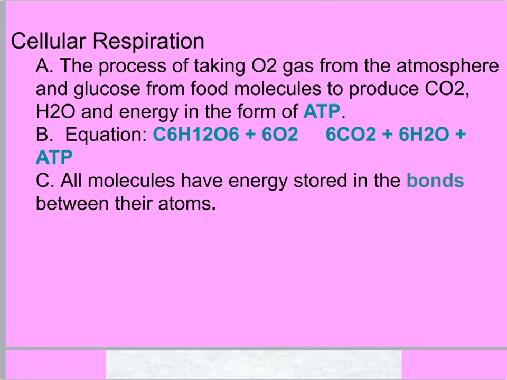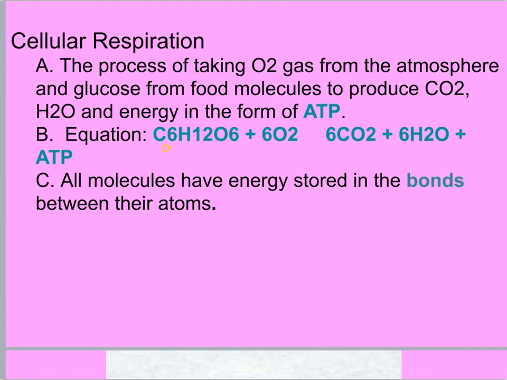So this is the process of taking oxygen from the atmosphere and glucose from food to make carbon dioxide, water, and energy. Energy is in the form of ATP. Now, you need to know this equation, okay, both the word form and the chemical form, which is what you see here.